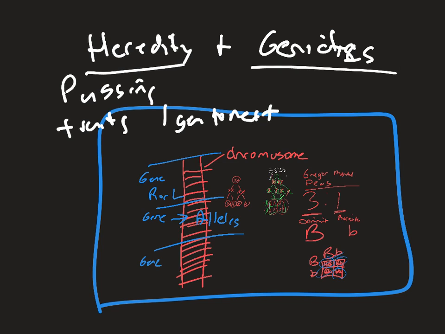Genetics is studying kind of how the DNA affects that. Genetics studies the DNA and how it can impact that. So genetics and heredity, or the DNA and how that DNA can pass on from one generation to the next.